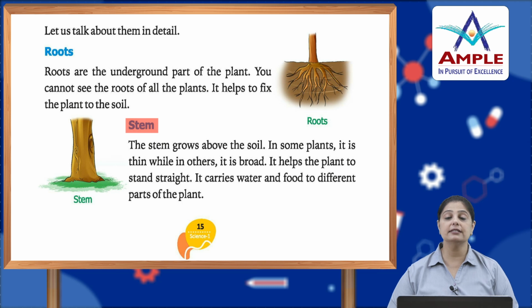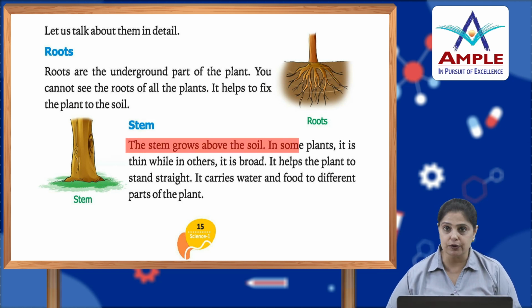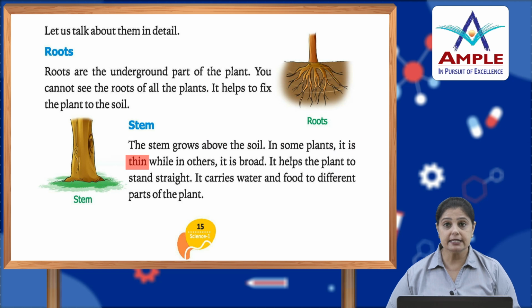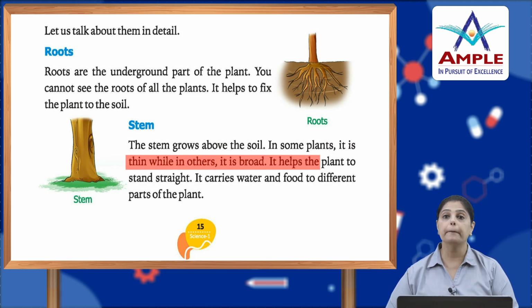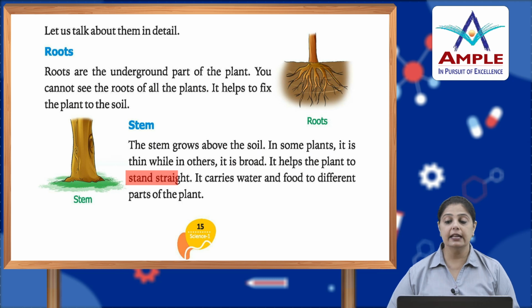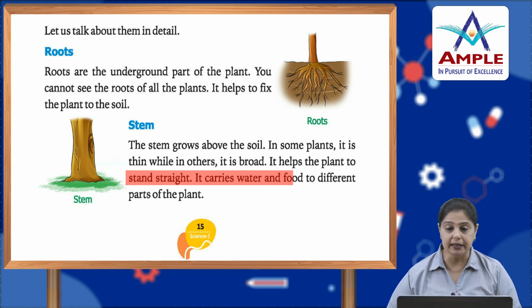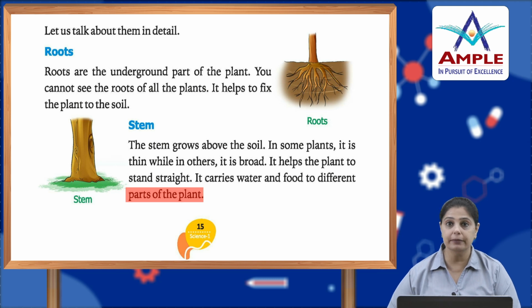Next is the stem. The stem grows above the soil. In some plants it is thin, while in others it is broad. It helps the plant to stand straight. It carries water and food to different parts of the plant. So the stem is something that you will always observe above the soil.